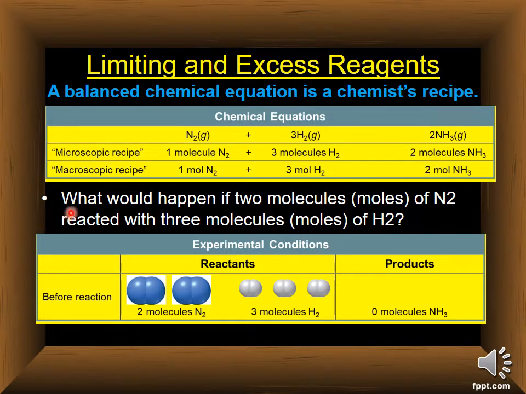Now the question is, what would happen if 2 moles of nitrogen reacted with 3 moles of hydrogen?